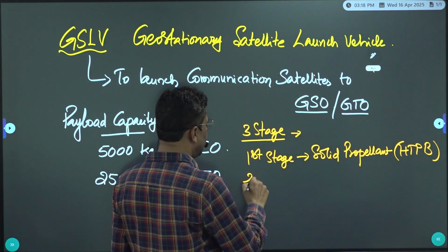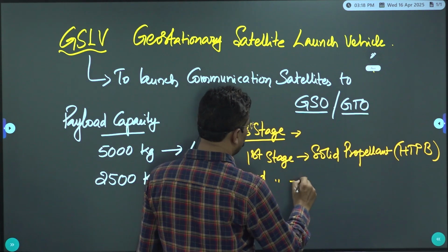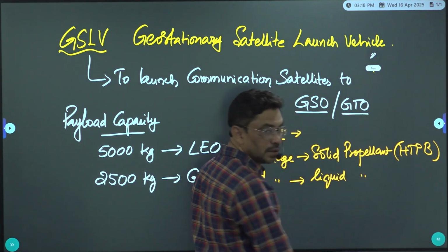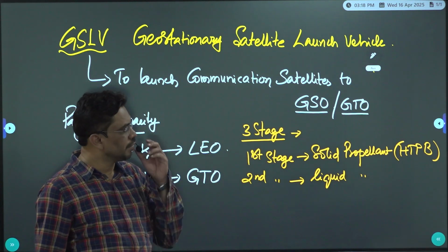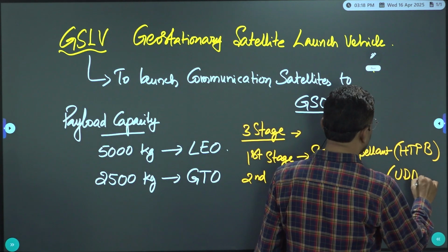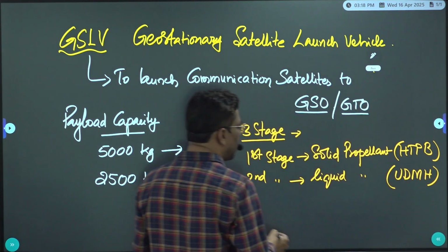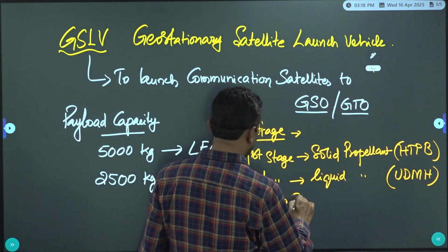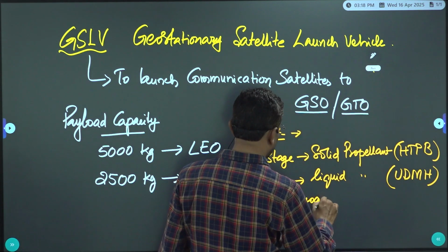The second stage carries the liquid propellant, that is UDMH, unsymmetrical dimethyl hydrazine, whereas the third stage carries cryogenic propellant.